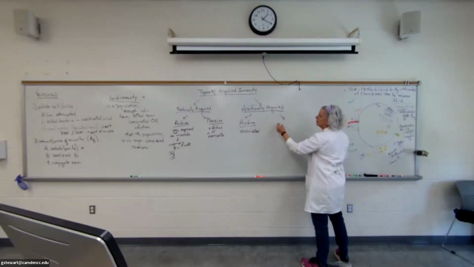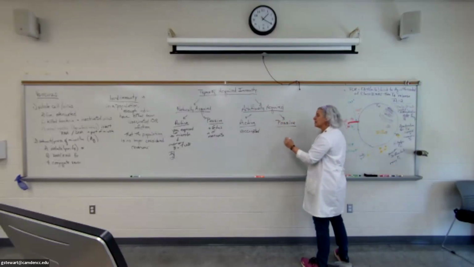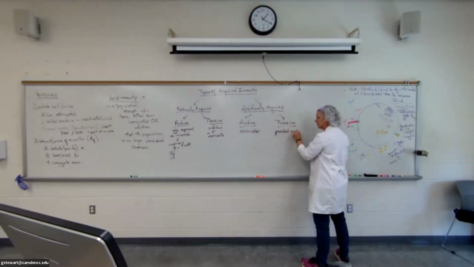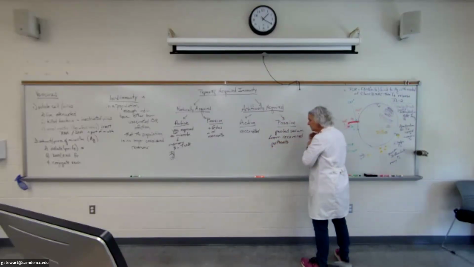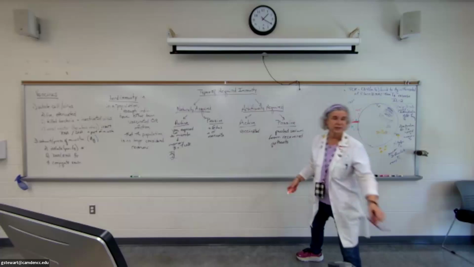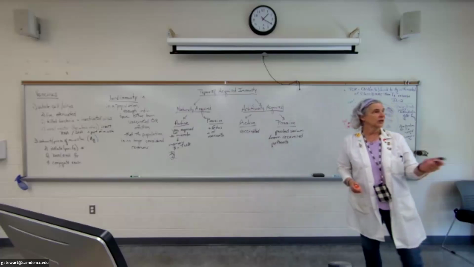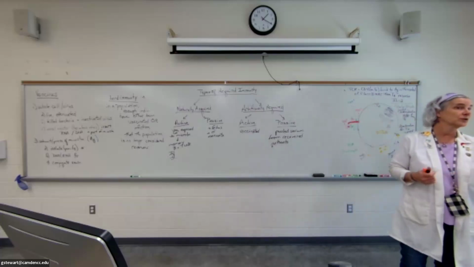Or artificially acquired passive. This is pretty rare. This is when you get pooled serum from people that recovered, patients. So sometimes this is like if you get a snake bite with a poisonous snake, or a jellyfish that has the poisonous toxin, or a spider.